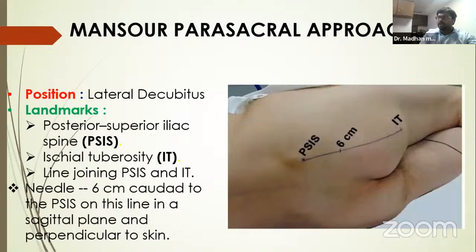Suppose you are hitting the bone at 7 centimeters, you may be allowed to go up to 9 centimeters only. If you go further, say 10 or 11 centimeters, you may enter the pelvis through the sciatic foramen, and it may injure the vital structures underneath. So this is a simple approach to do a parasacral sciatic nerve block or the sacral plexus block.